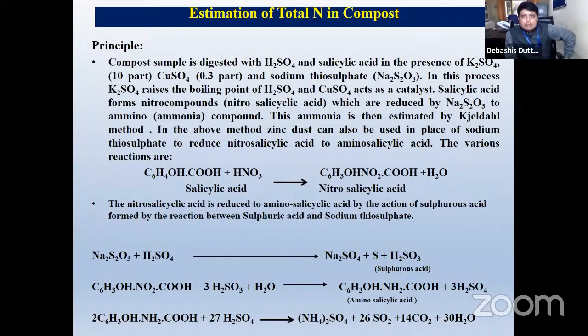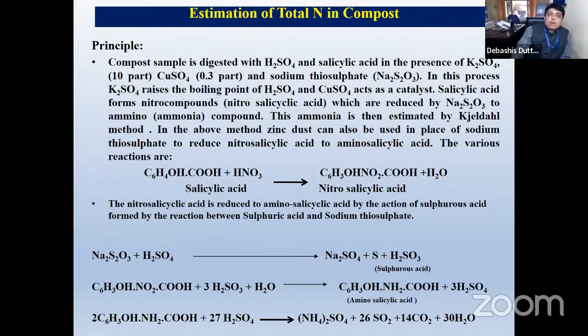But in the estimation of nitrogen, we have to convert these different forms of nitrogen into the ammoniacal form, because through distillation we can easily estimate how much percentage of nitrogen is present in the organic manure. So the amide form and the nitrate form we have to convert into the ammoniacal form.